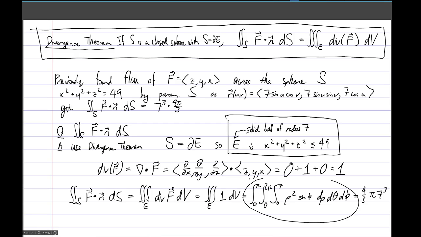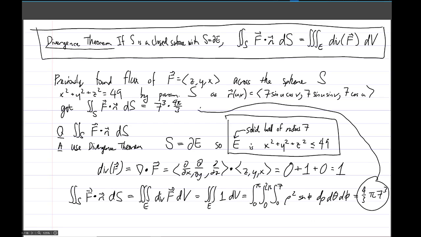But the point is, we get as a final answer here the same number that we got back here, the original way last time. But the point is that this is much nicer than parametrizing S and doing all the work that we did last time.